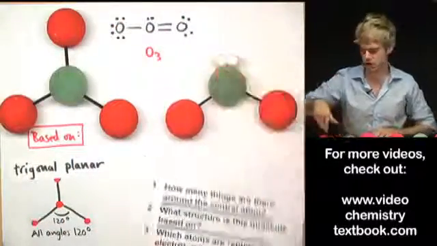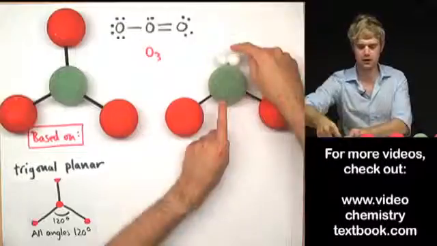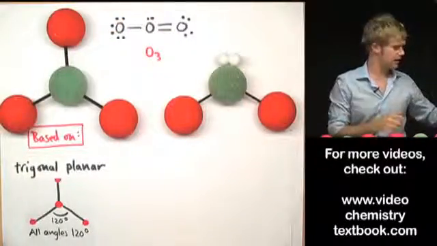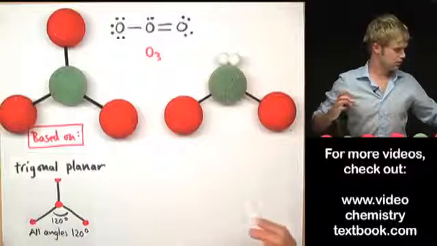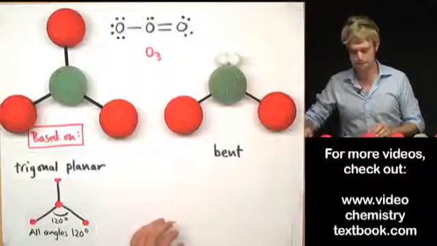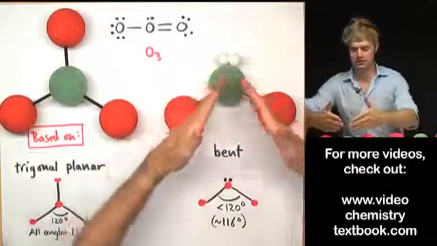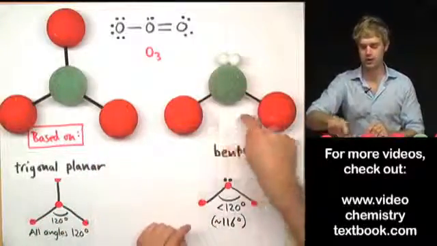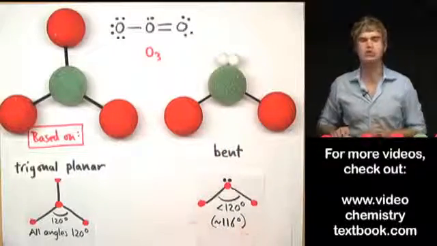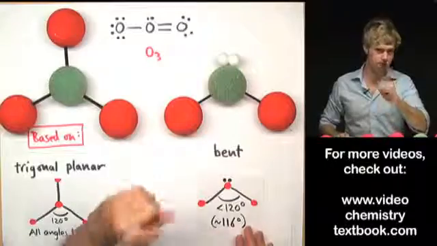So this is the shape that I'm going to get. Here is a lone electron pair that replaces this atom, and that means that I'm going to have a bent molecule with less than 120 degrees between these angles, because this is pushing a little harder. Angle of about 116 degrees. 1 more and then we'll be done.